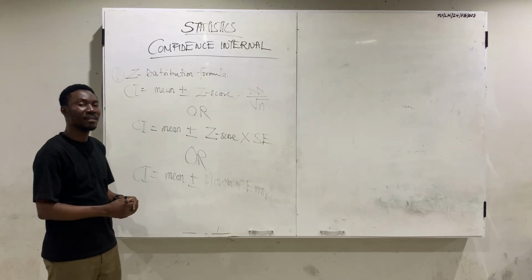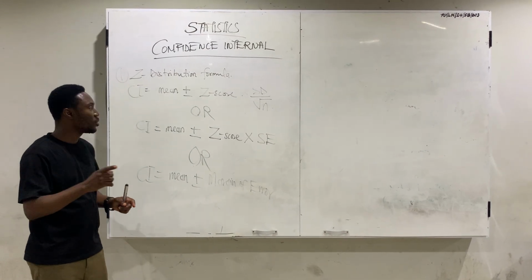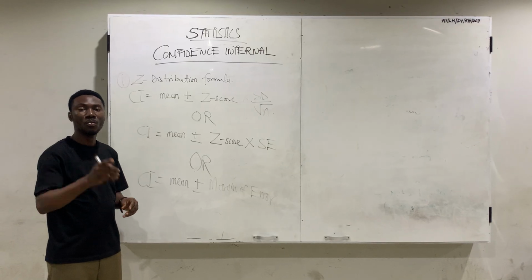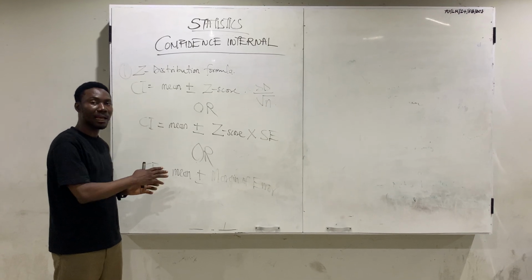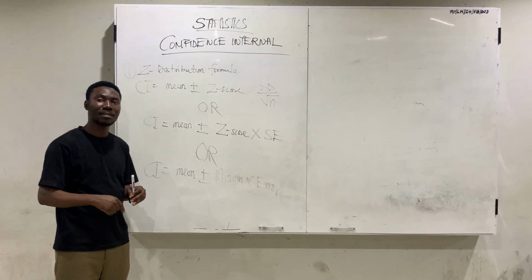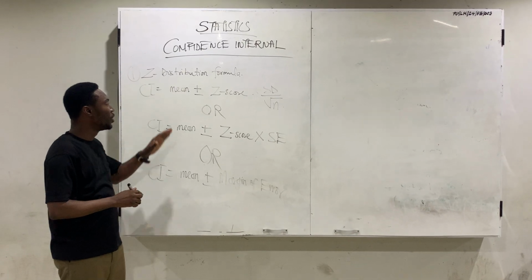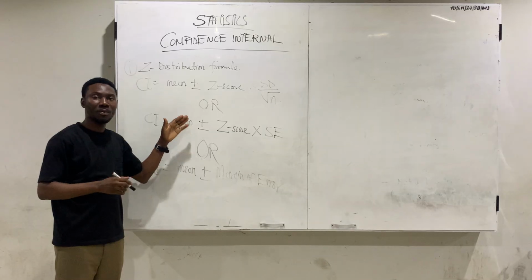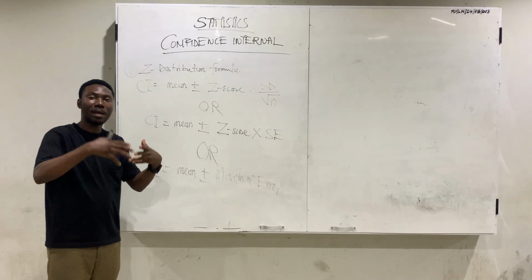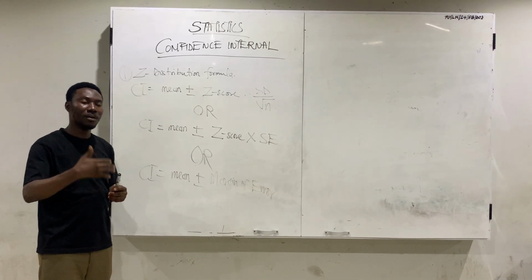Okay. Now, the key point you have to note over here is that we use this formula when the sample size is 30 or large. Keep it in your mind. We use this formula when the sample that you are working with is 30 or large.